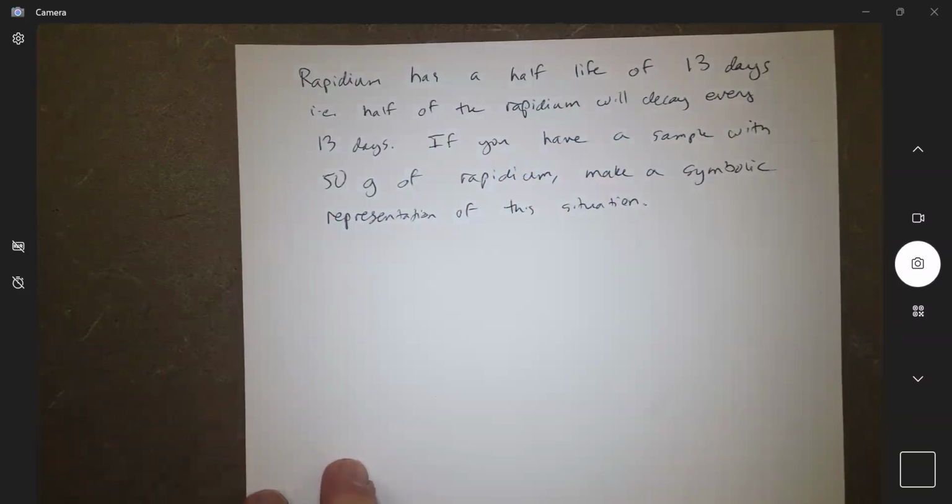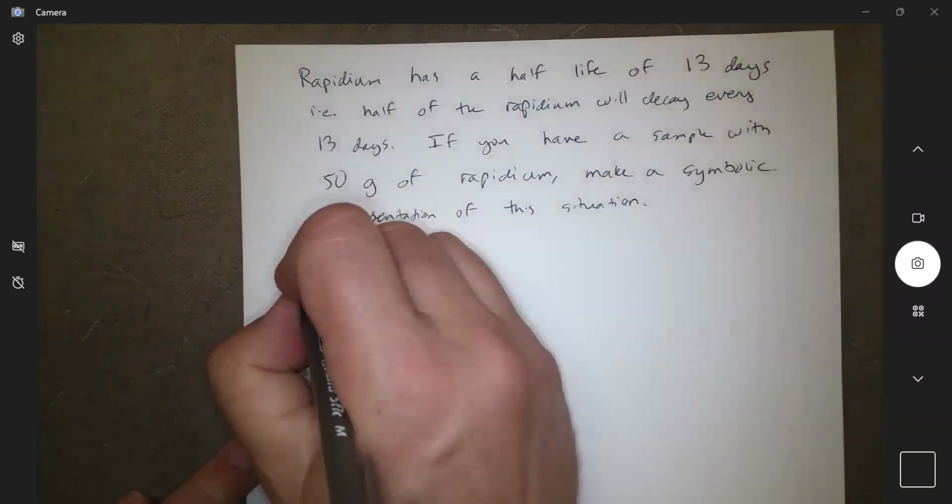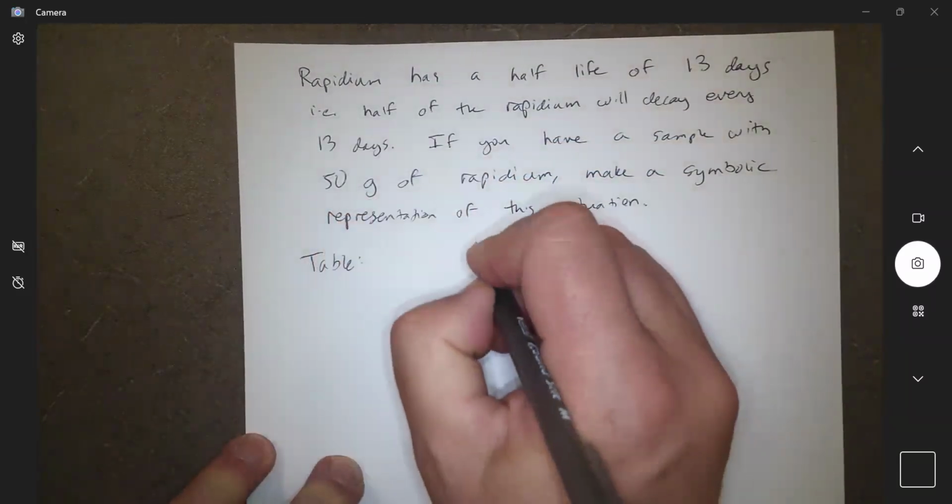We'll get to the symbolic, but I'm going to work through the table because I think it's a little simpler. So let's start with a table representation.